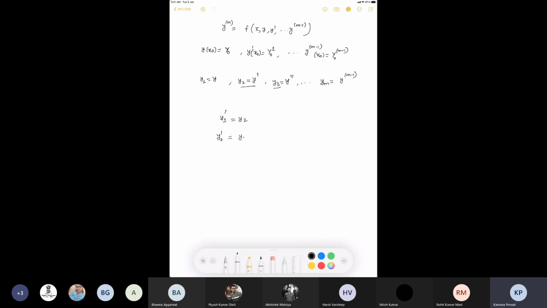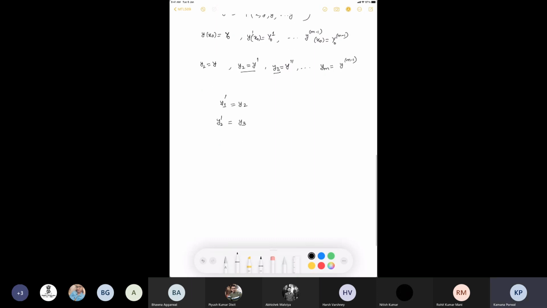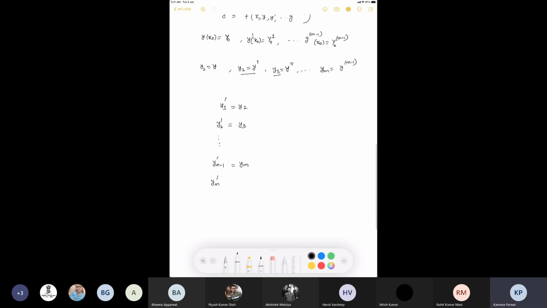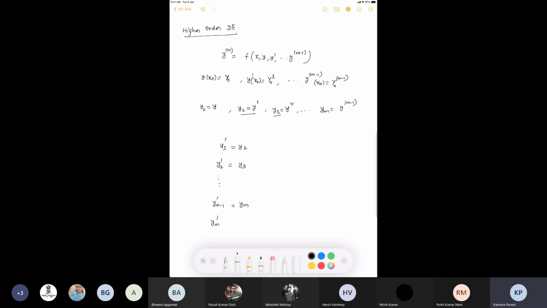Likewise, if you take the derivative of the (m minus 1)th component, that is y m minus 1, you will get ym. And lastly, when you take the derivative of ym, it is going to be the mth derivative of y, and the mth derivative of y is given by this equation.